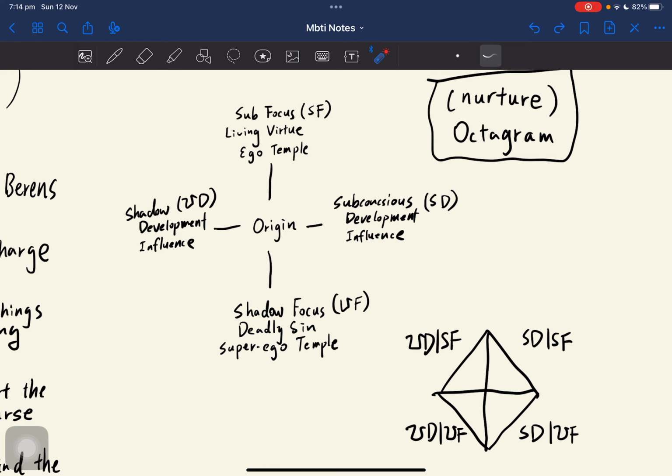Ego tempo, so it puts you over here. That means that you will be more like a stereotypical INFJ. And these two are the same logic. If you are subconscious development and subconscious focused, you will be more like an ESTP despite being an INFJ deep down.